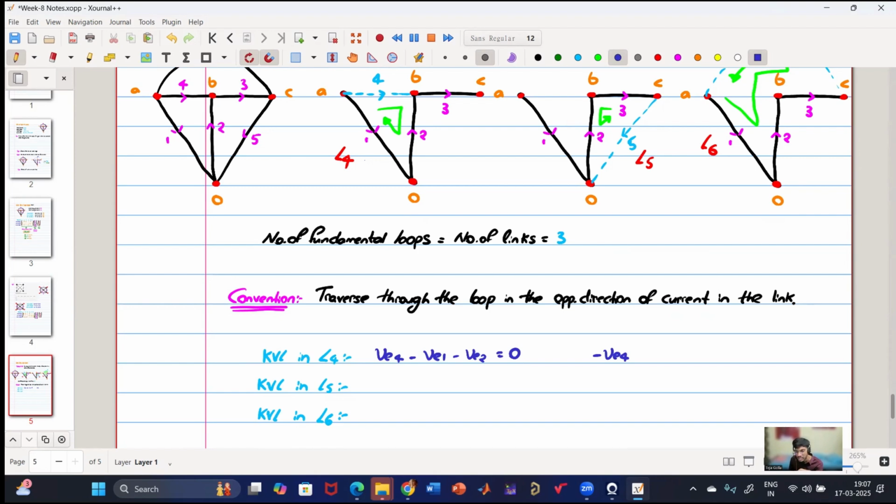If you are going in the direction of current, it is minus. If you are going in the opposite direction of current, it is plus. Okay, plus VE2, and then plus VE4, VE1, sorry, VE1, sir. Okay. So now I ask you one question. Are these two same or different?